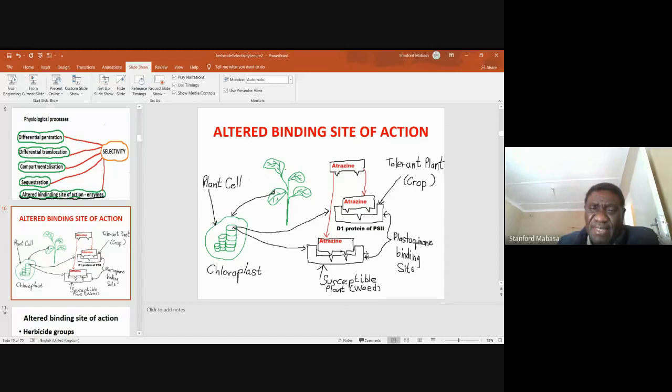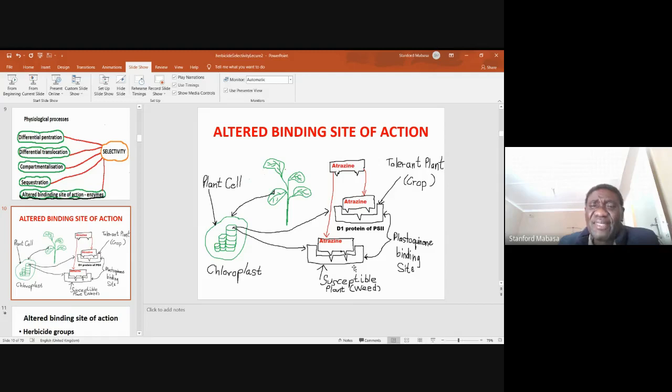But there's a situation at the binding site of the enzyme, which we call the plastoquinone binding site. Atrazine is going to fit in at the structure of the enzyme. Once it has fitted in, then a process will take place, and that process will produce probably the mode of action of the herbicide.